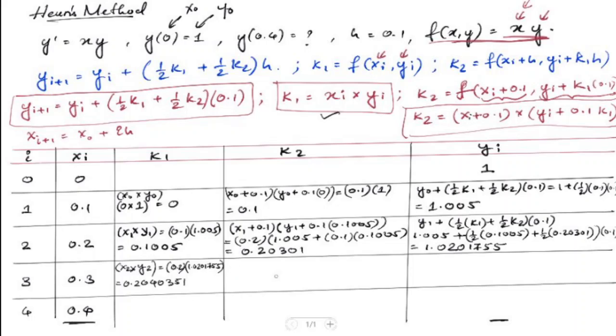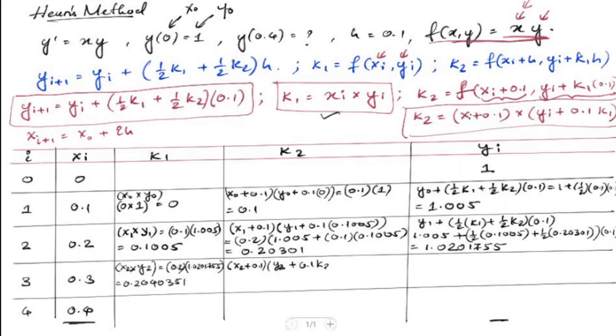And then now we'll calculate for k2. So we have x2 plus 0.1 times y2 plus 0.1 times k1.